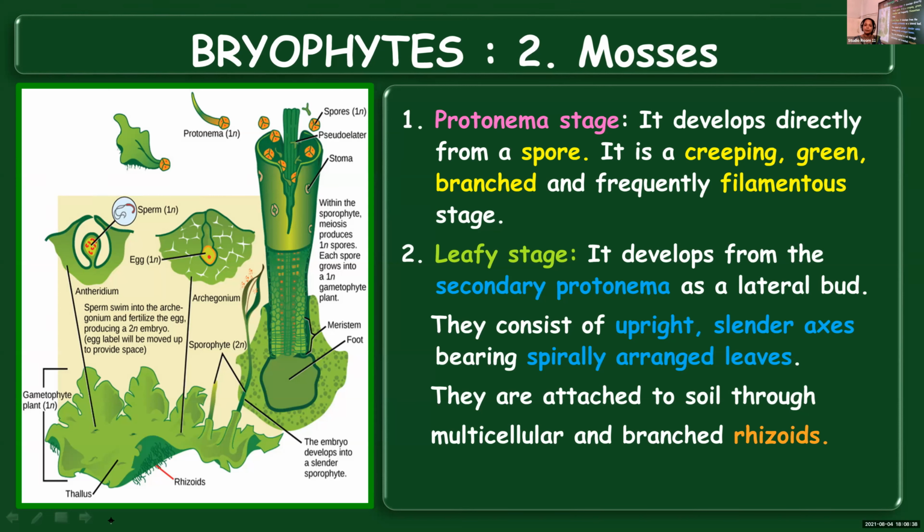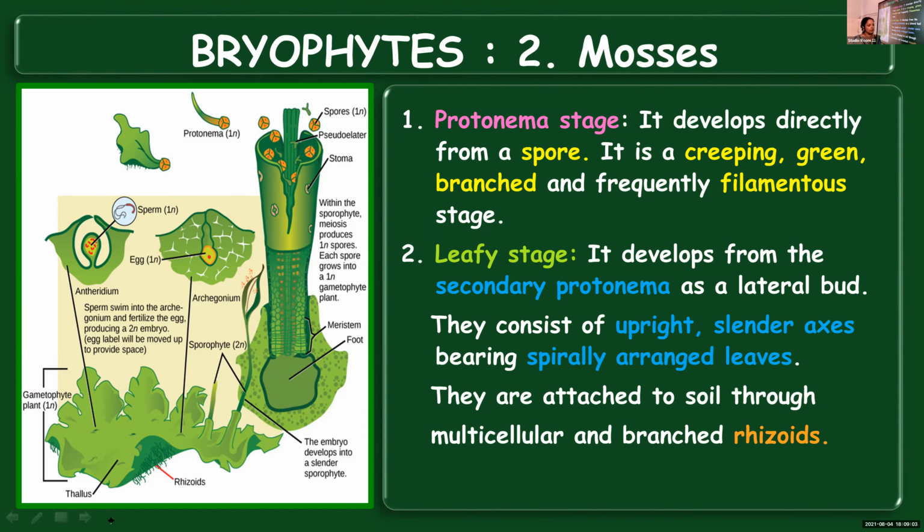And I told you the secondary protonema are structures not produced directly from spores, but formed from certain other structures. And you call it the leafy stage because in this stage you can find spirally arranged leaf-like structures on slender branches or axis.